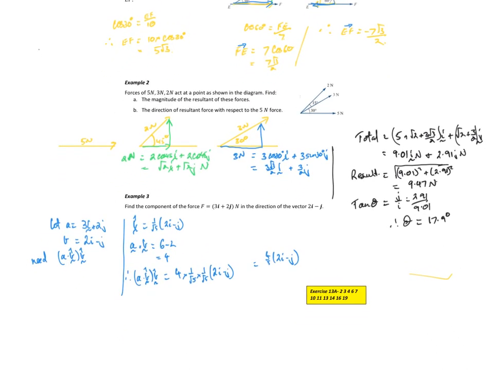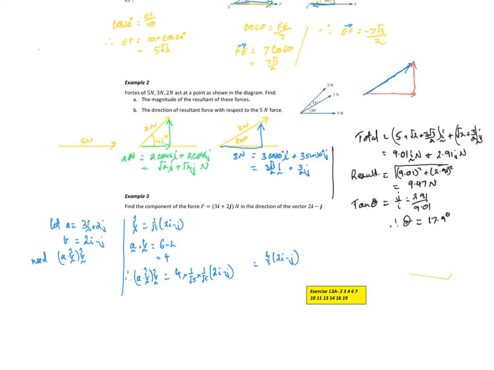Similarly, we have three forces acting here in slightly different directions. We want the magnitude of the resultant force. To get that, we're looking for the horizontal component, the vertical component, and then the resultant force is the magnitude of that. All right, so obviously we have the 5 Newton force acting horizontally.